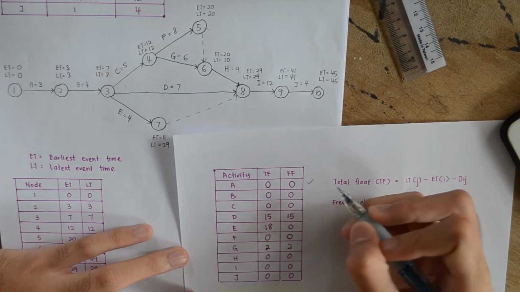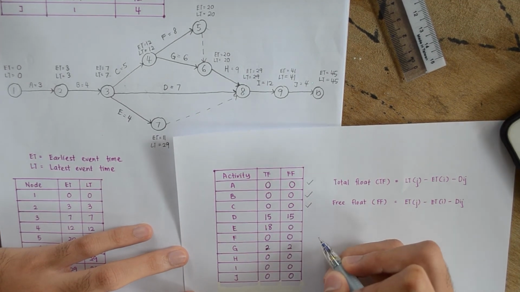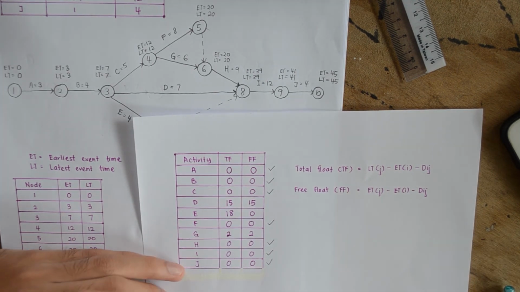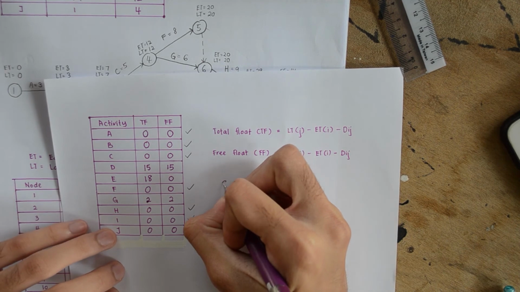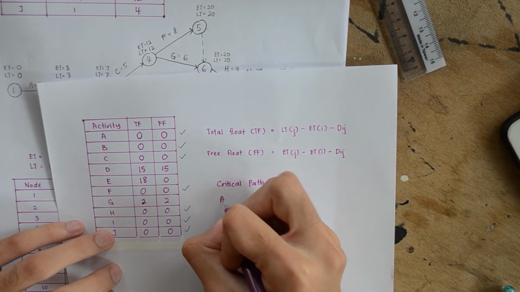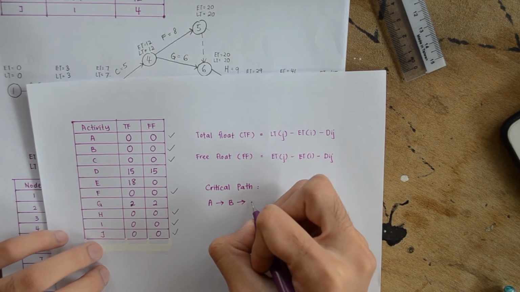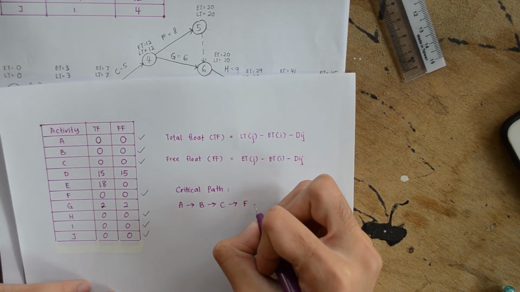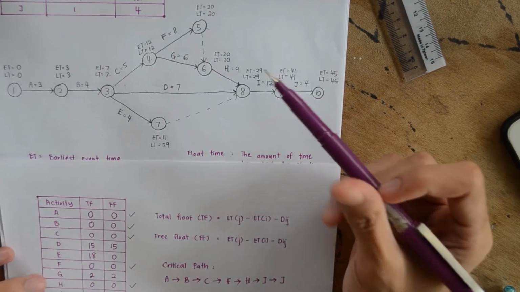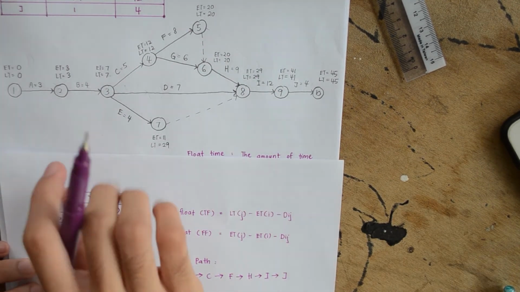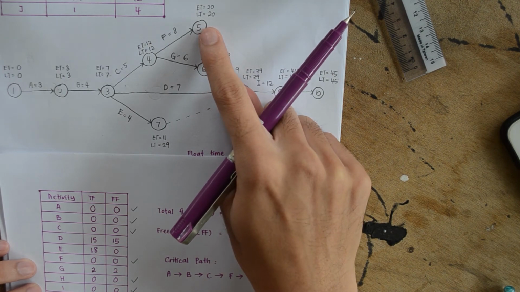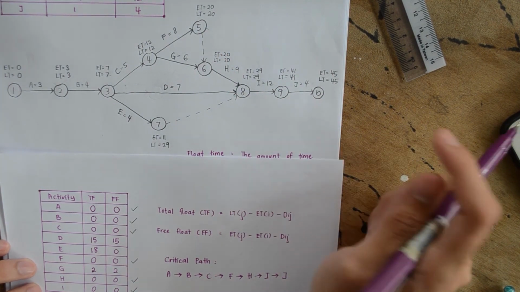So activity A, activity B, activity C, activity F, activity H, I, and J. So now we know what our critical path is. The critical path starts from A to B to C to F to H, I, and lastly J. Okay, so in the diagram, the critical path will start from A to B to C to F, and then to H, I and J.